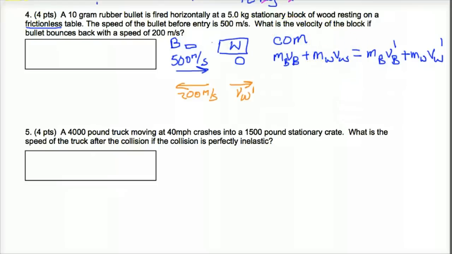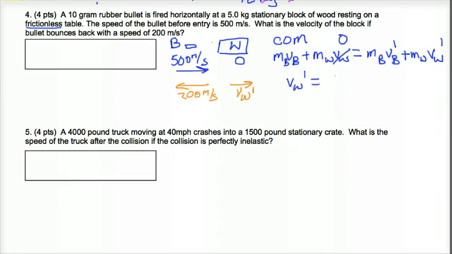Alright, so the velocity of the wood before the collision is 0. We are looking for the velocity of the block, or the velocity of the wood afterwards. Alright, so we'll divide through by the mass, and we'll solve this equation for the velocity of the wood. We'll work it that way.